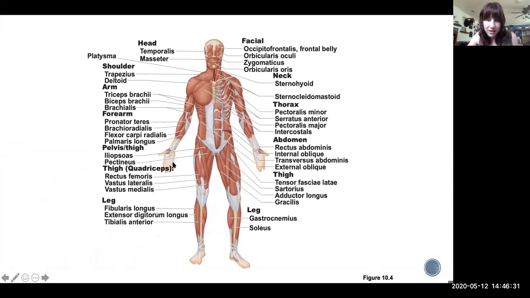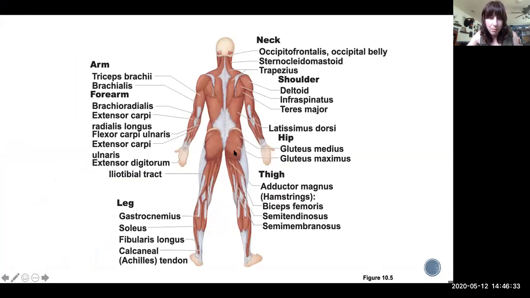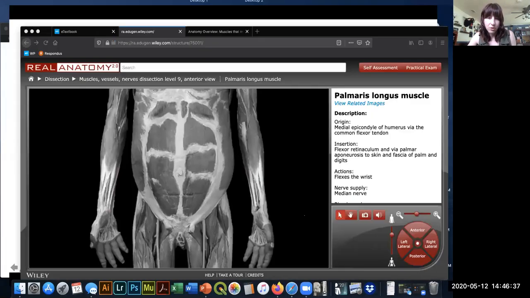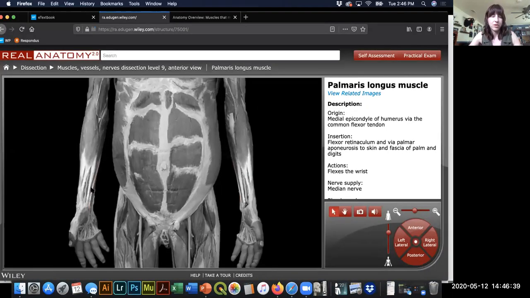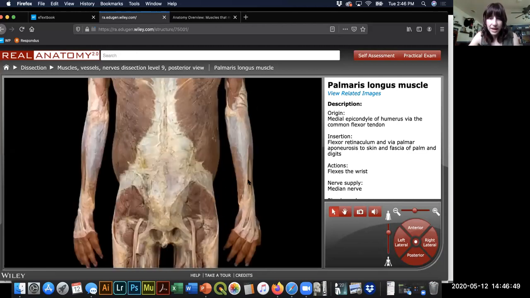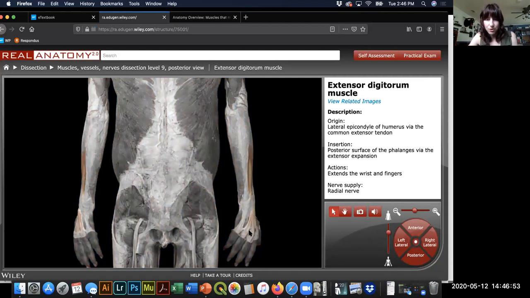And then finally, in the middle on the posterior side, the extensor digitorum. Palmaris longus is the flexor for your digits going this way. And on the posterior side, the antagonist for that motion is the extensor digitorum.